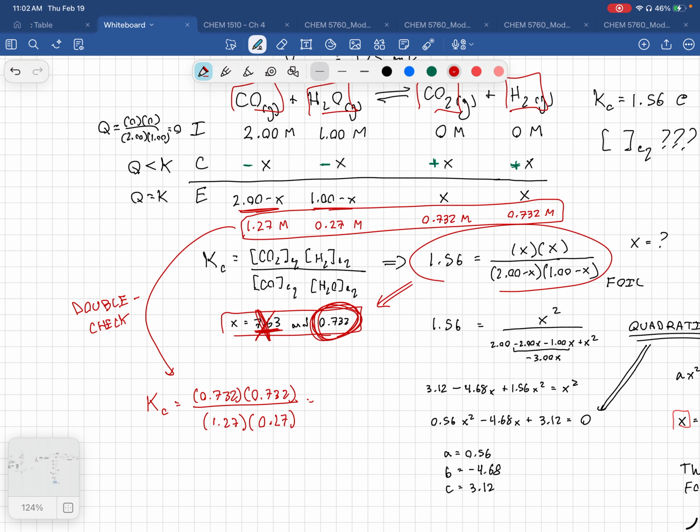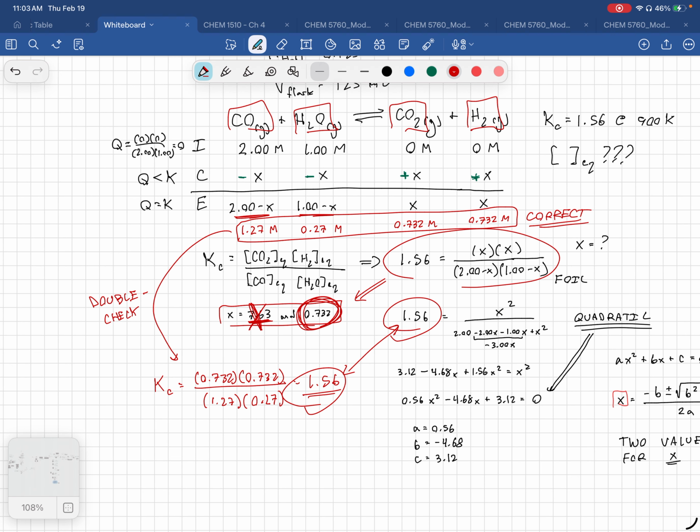If we plug those in, 0.732 times 0.732 divided by 1.27 divided by 0.27, we get a value of 1.756. So that proves that our equilibrium concentrations are correct.